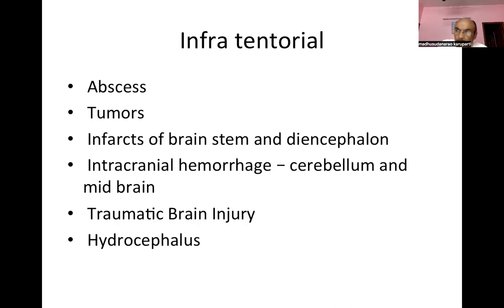Coming to the infratentorial, again there could be abscesses, tumors, infarcts of the brainstem or diencephalon, intracranial hemorrhages into the cerebellum or into the midbrain, or traumatic brain injury. There could also be hydrocephalus, which results in compression over the brainstem, thereby resulting in the features of decerebrate rigidity. So any lesion below the red nucleus is going to result in decerebrate rigidity.